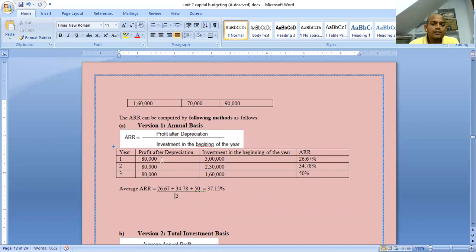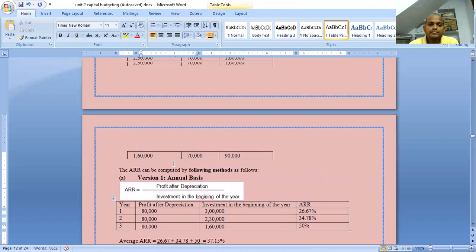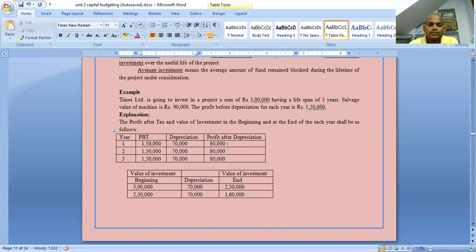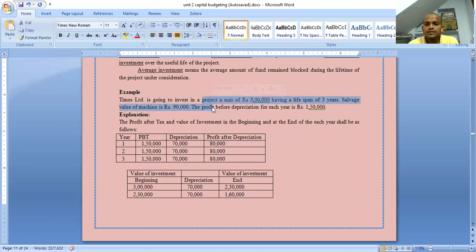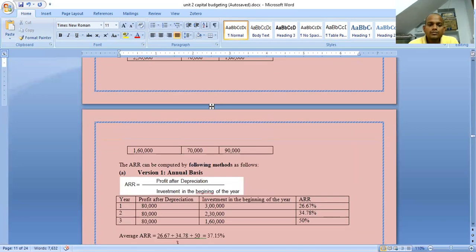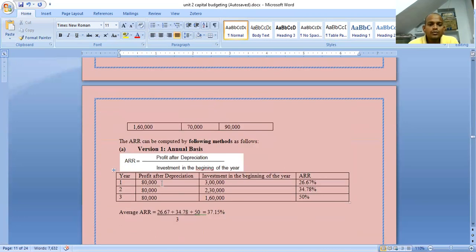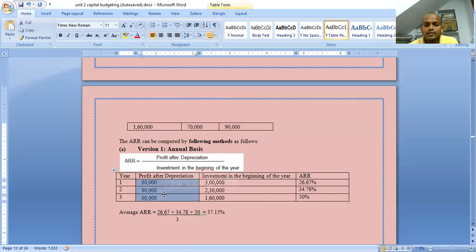See, profit after depreciation, we have to consider because there is no mention of tax here. So profit after depreciation and investment in the beginning of the year 3 lakhs.